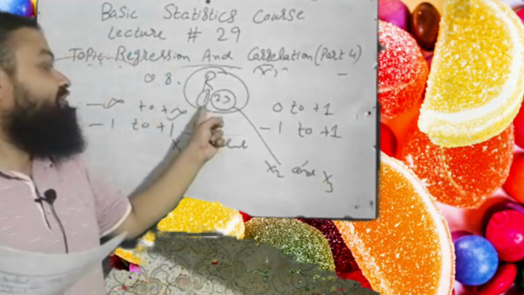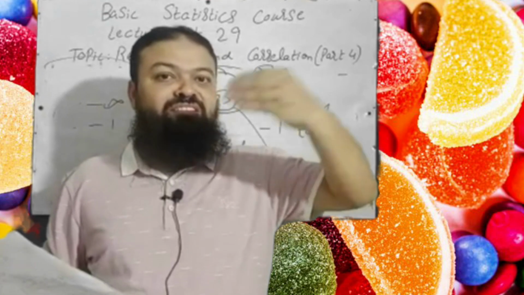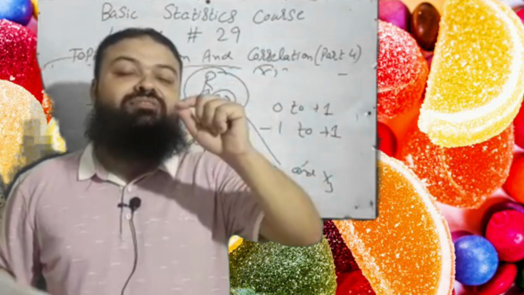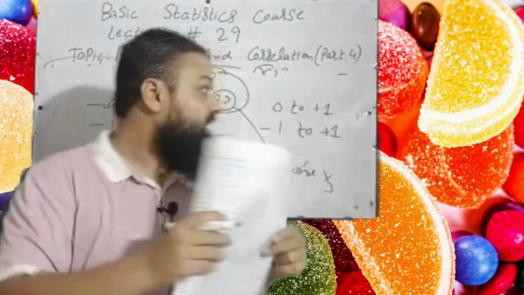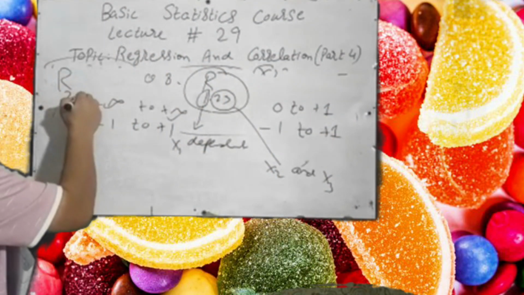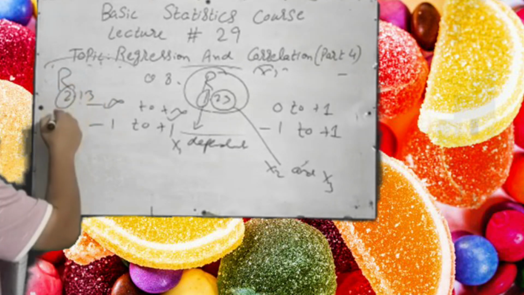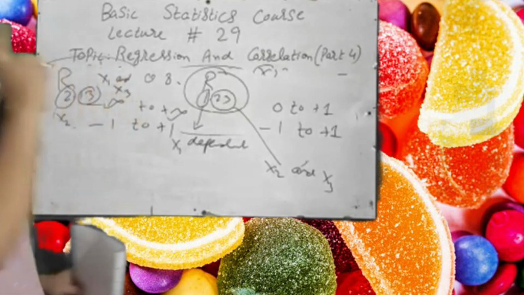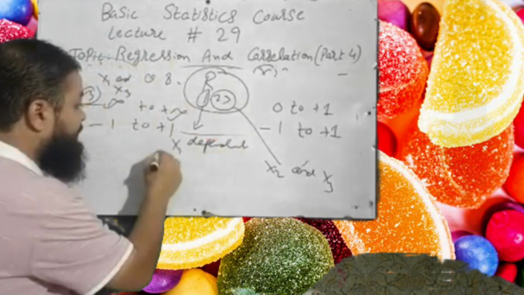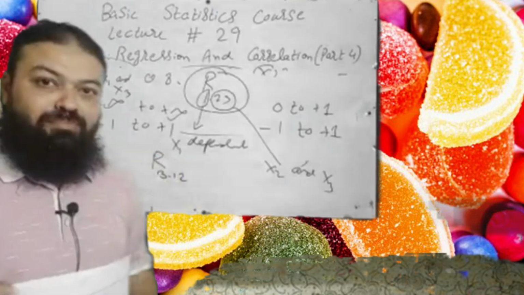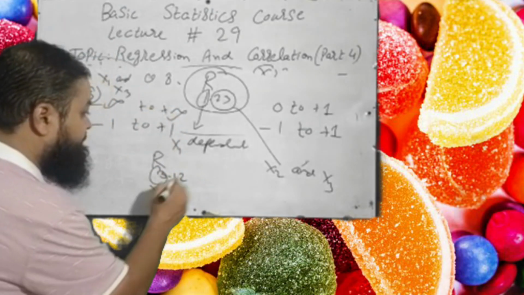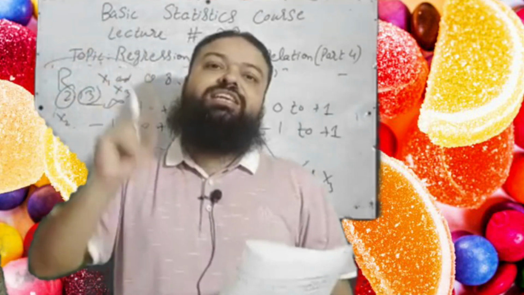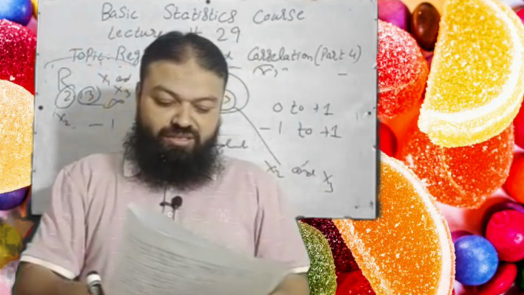It means x1 is the dependent variable and it depends upon x2 and x3. These two are independent variables. A very important question. If they ask you R2.13, it means x2 is the dependent variable and x1 and x3 are the independent variables. If they ask about capital R3.12, it means x3 is the dependent variable, whereas x1 and x2 are 2 independent variables. Please keep in mind.